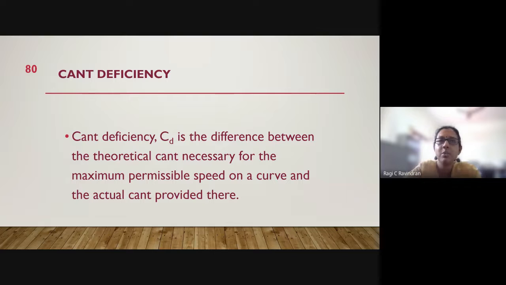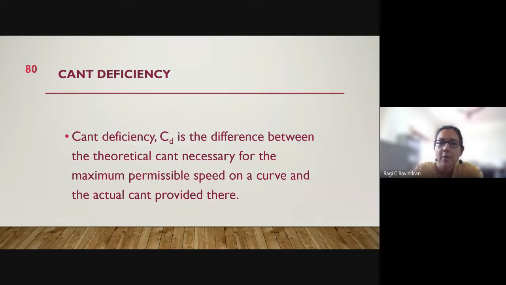We need to think of all other things and find out whether our design is going to provide a better result. And not always will we be able to provide the equilibrium CANT practically on a horizontal curve, due to several reasons.